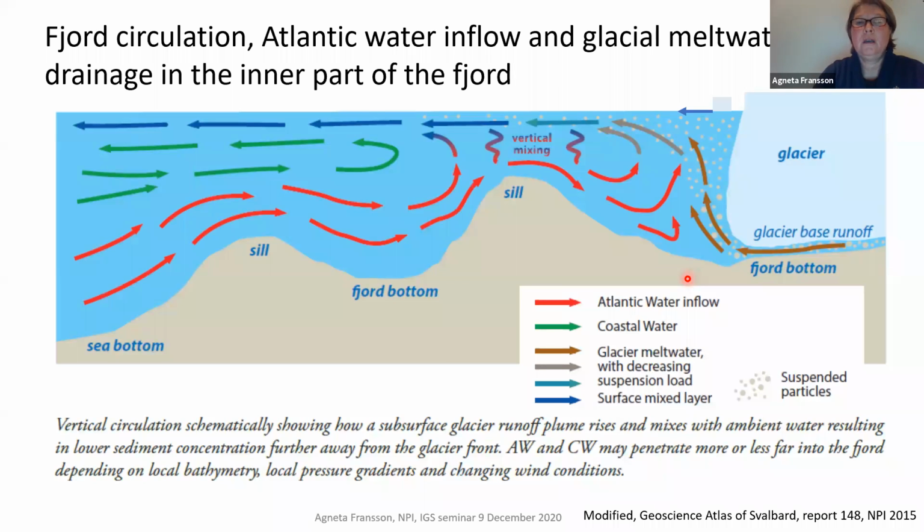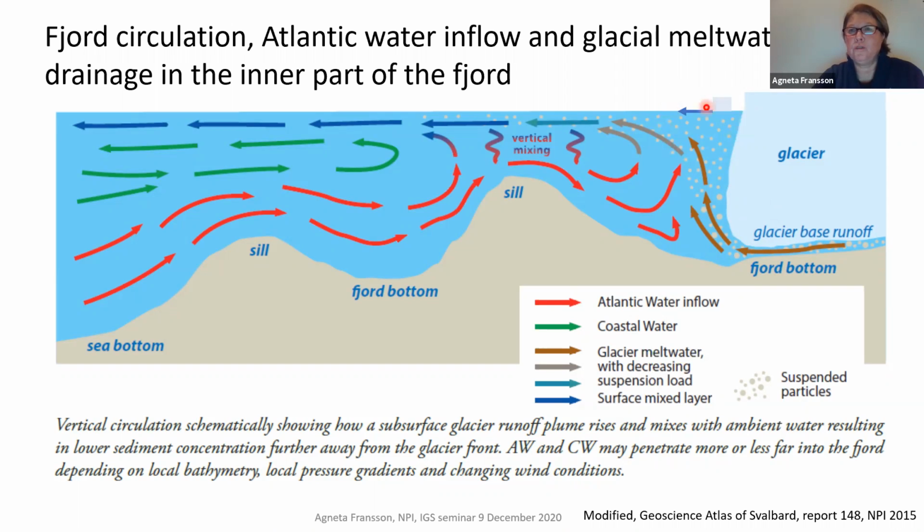This is a warm, salty water entering the fjord, and it goes in across the sill, if it's possible, and it melts off the base of the glacier, and this fresher water will mix with the salty water, get lighter and rise to the surface, and it will take suspended material and particles to the surface.